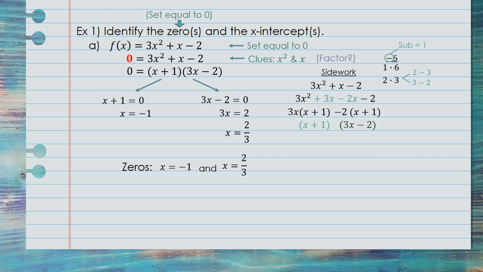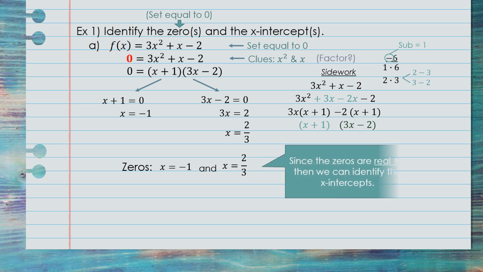Now, are our zeros real or imaginary? Since the zeros are real numbers, then we can identify the x-intercepts. The x-intercepts are points consisting of an x and y value. The first x-intercept would be (-1, 0), and the other x-intercept would be (2/3, 0).